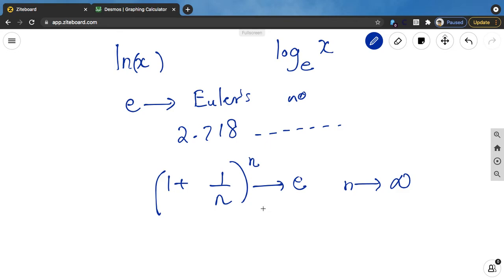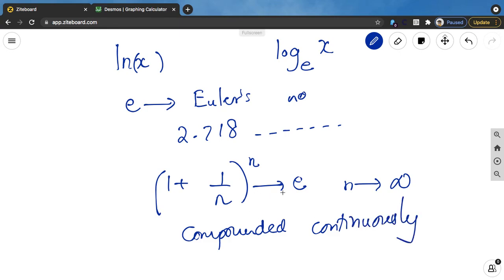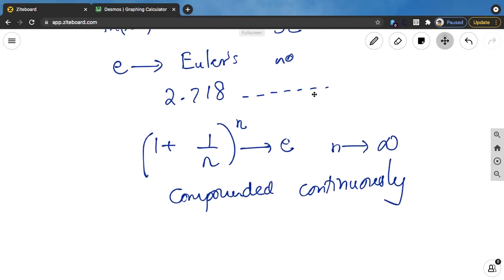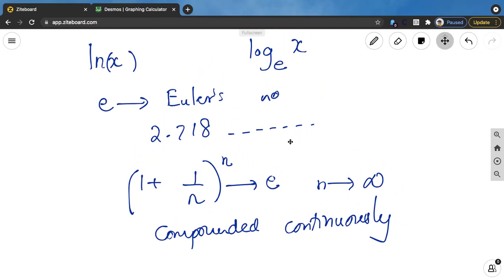That means whenever anything is compounded continuously, or it is growing at every second almost, then the base can be thought of as a natural number e. That's the importance of the Euler's number. We had given you an article to read about Euler's number, so you understand why this is taken as the base.